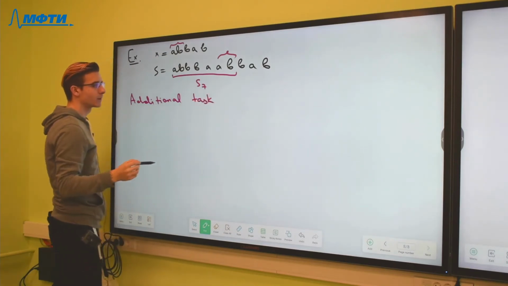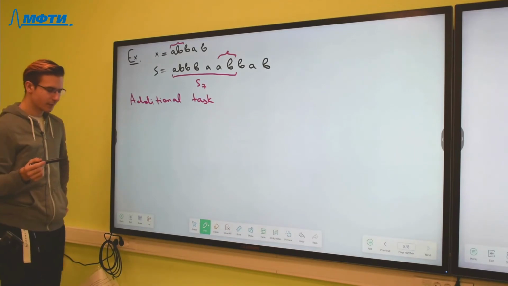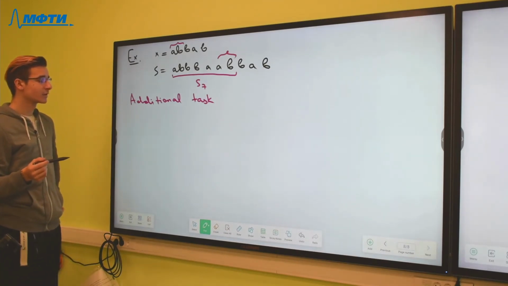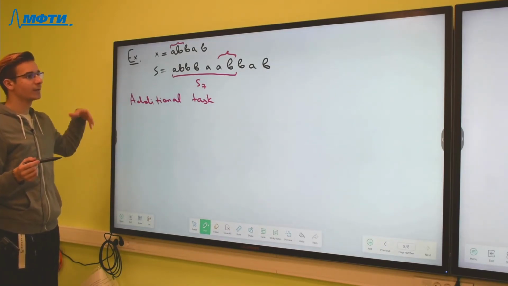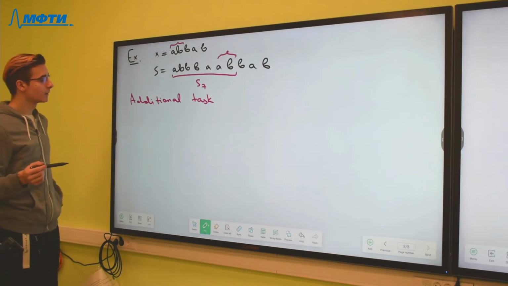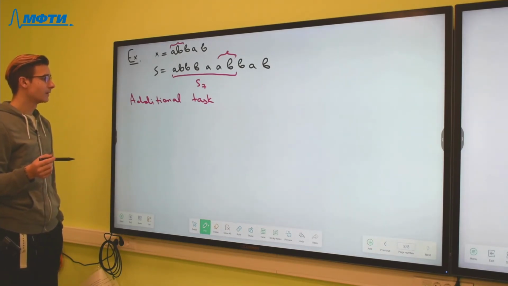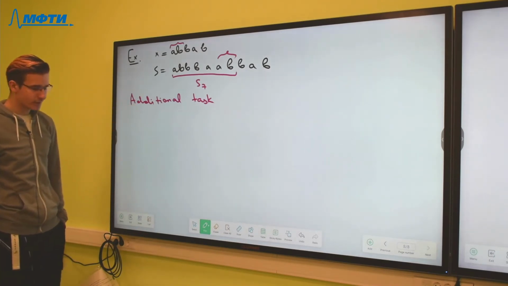As you remember, one lesson ago, we talked about different dynamic algorithms, where we solve some additional tasks and then solve the general task using the answers for the additional tasks.